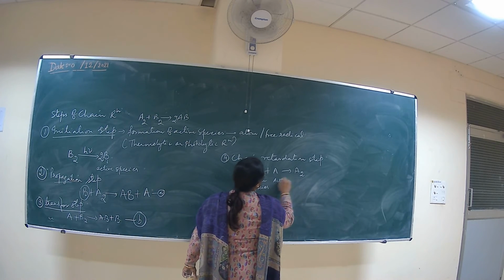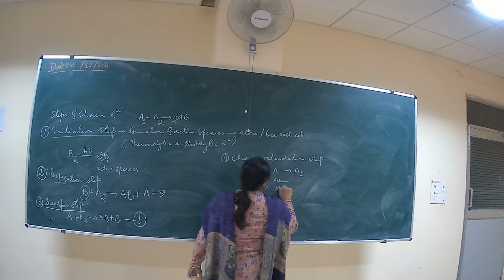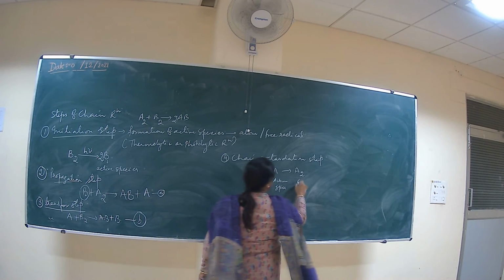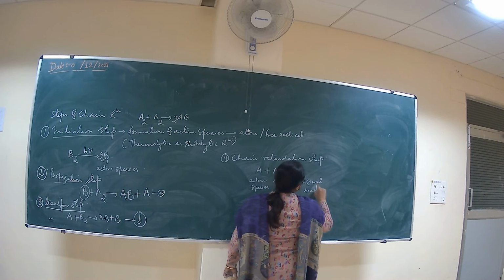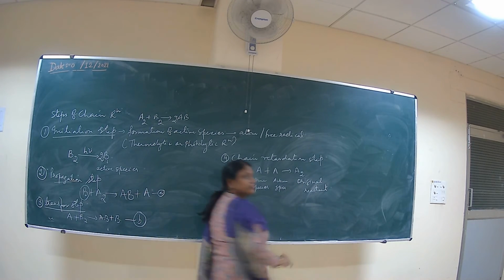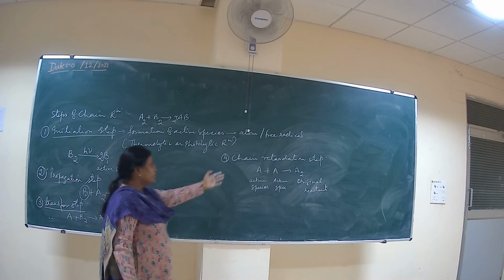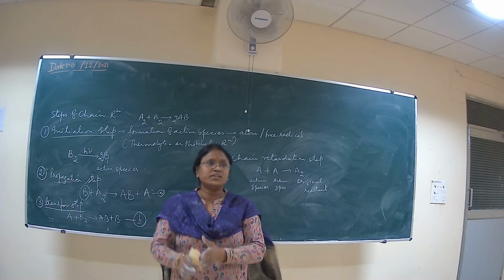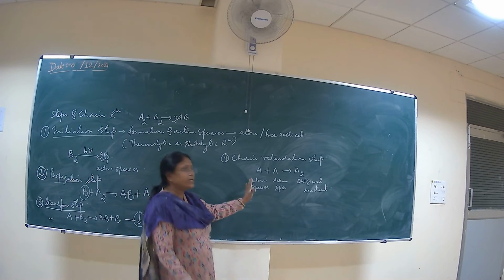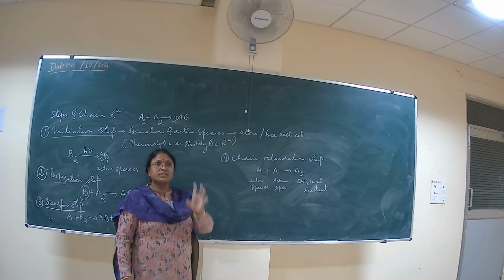It is also an active species. So when two active species combine, there is a formation of original reactant. Okay. So when there is a formation of original reactant, there is a retardation in a chain. जो हमारी speed है chain reaction की, that decreases, that slows down.